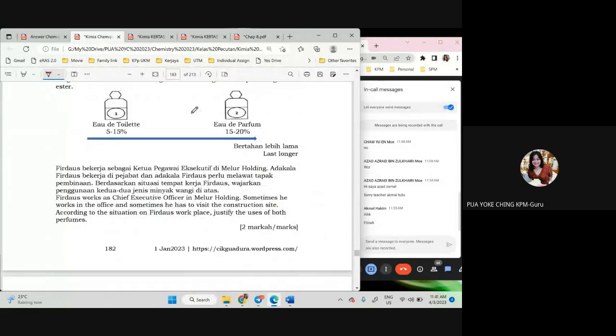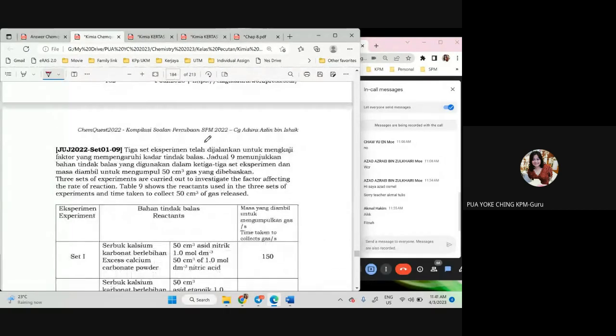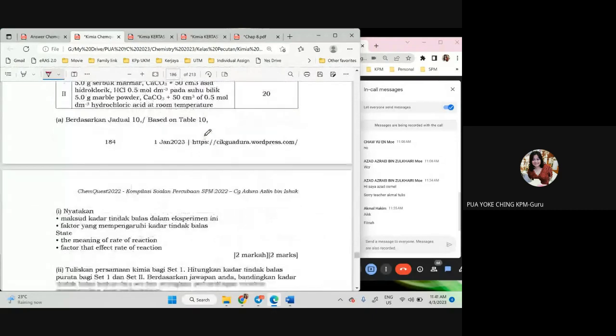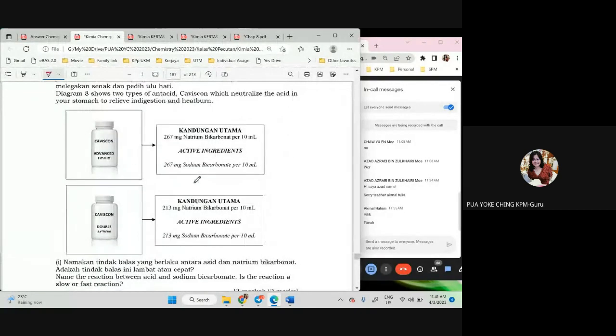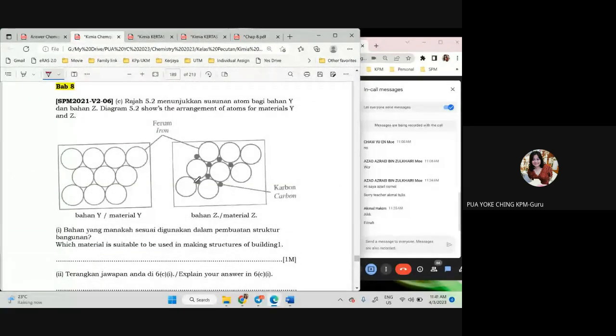You boleh tengok apa jawapan dia. Apa dia nak actually. It's a bit interesting. A new diagram and a new situation. Banyaknya. Okay, so this is bab 8. Ini keluar dalam SPM 2021 version yang kedua, soalan 6.